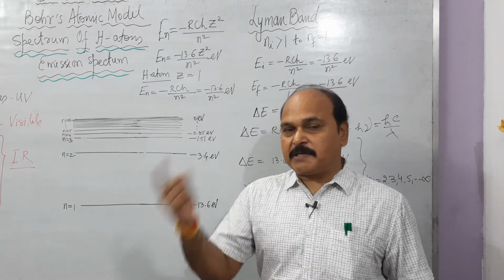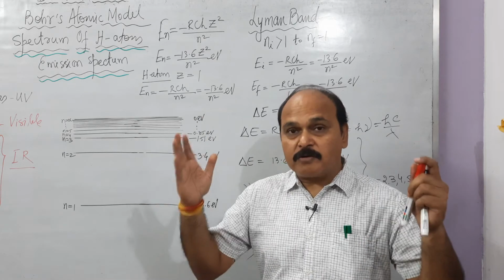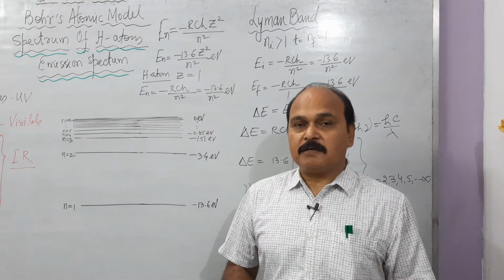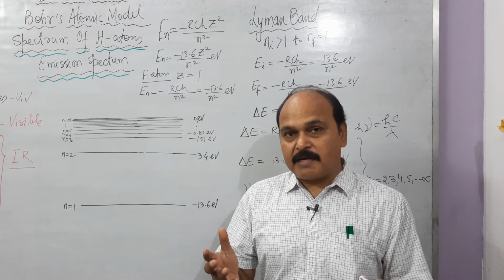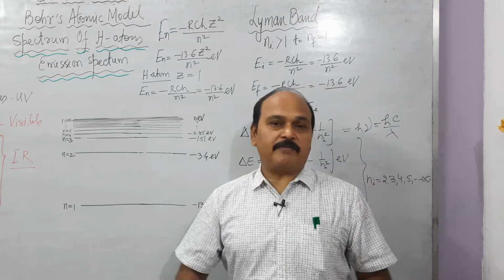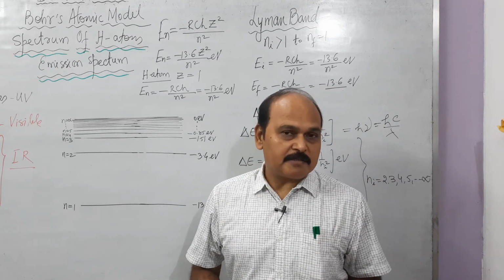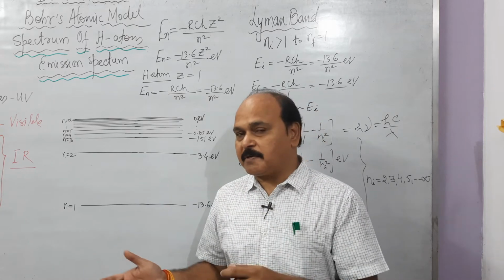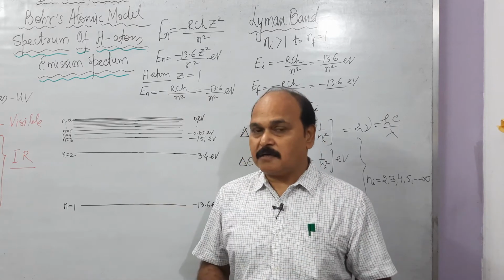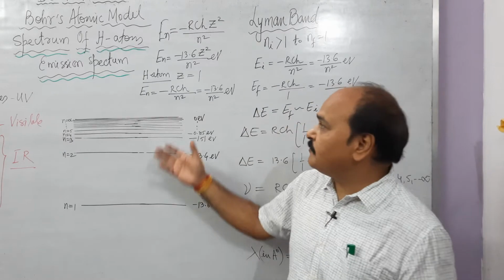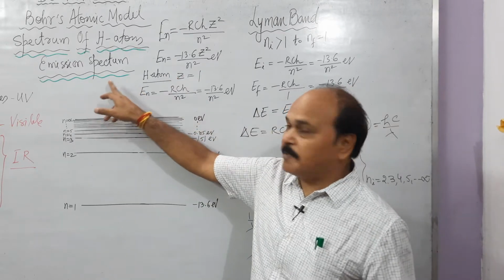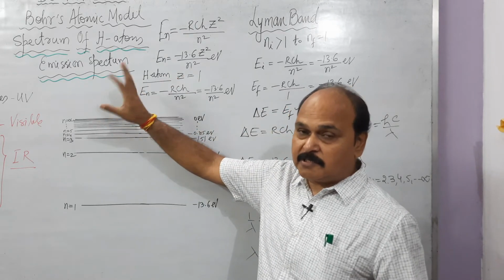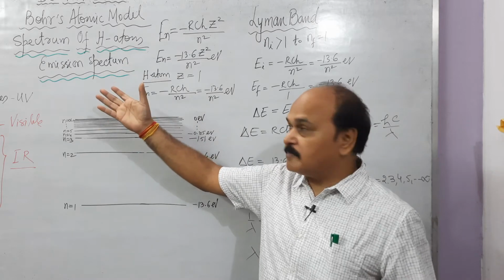Both emission and absorption spectra are what? Identical. Whatever set of radiations an atom absorbs, the same set of radiations the atom emits. So emission and absorption spectrum both are identical. We are going to study the hydrogen atom emission spectrum, and that is the same as the absorption spectrum.